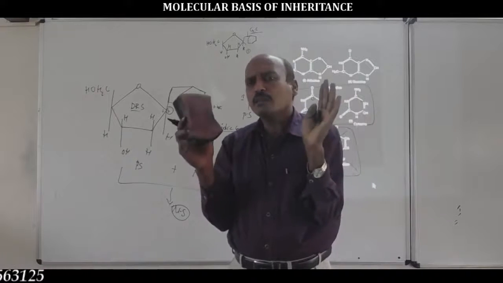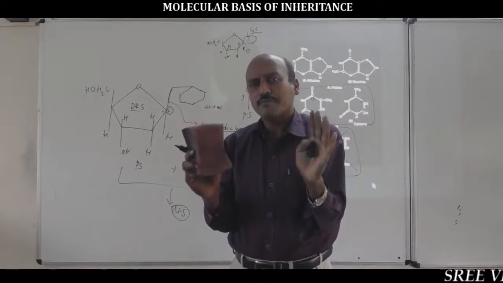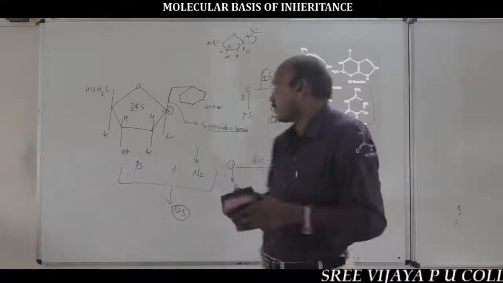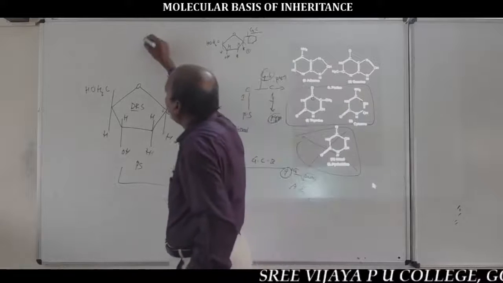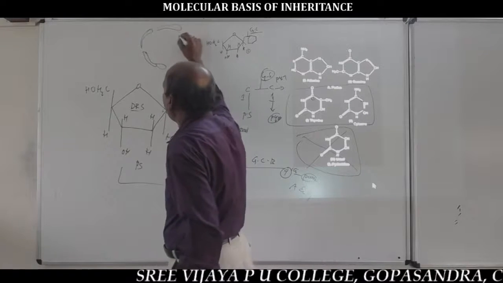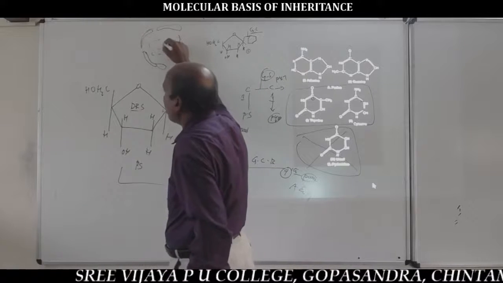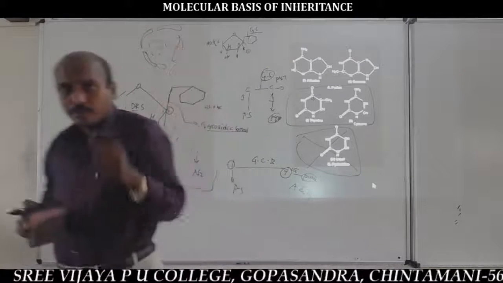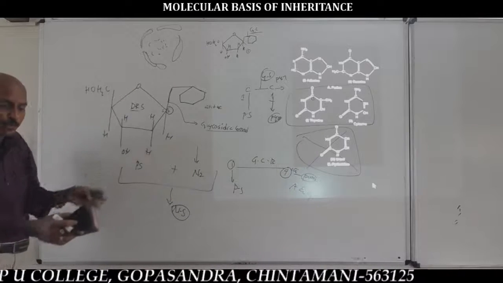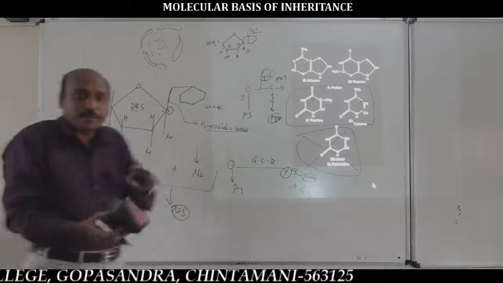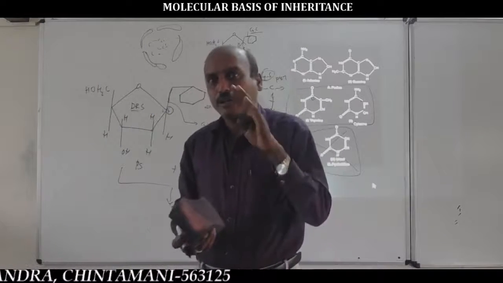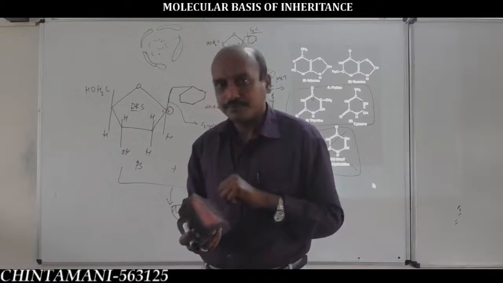So, all these nitrogen bases, carbohydrates, pentose sugar, deoxyribose sugar, along with orthophosphoric acid, are present within the nucleoplasm of the nucleus, suspended and circulating in the nucleoplasm of a cell.